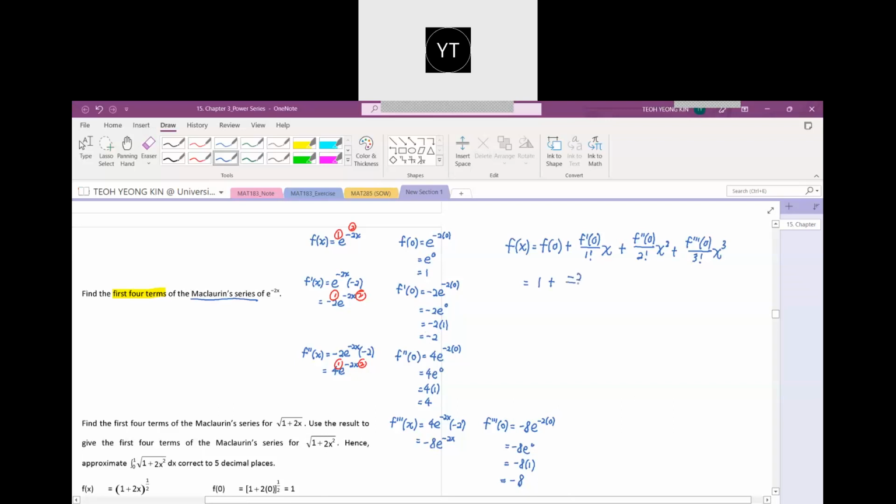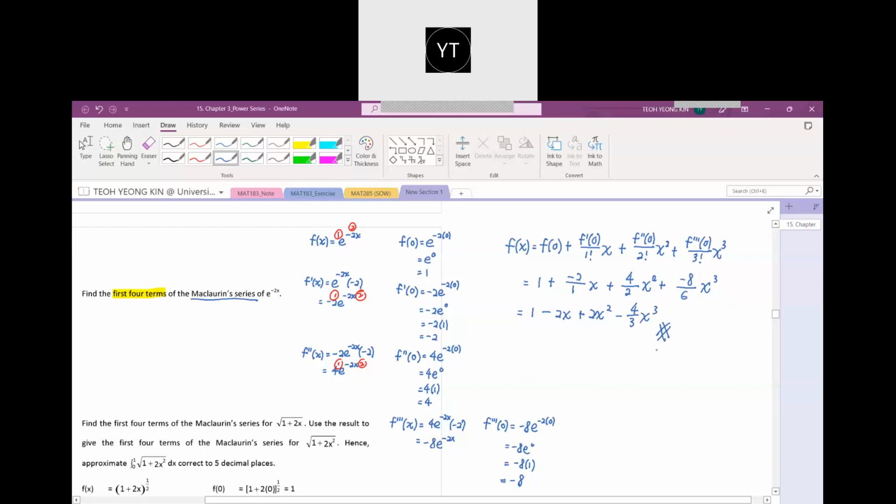So negative 2 over 1 factorial is negative 2, here is x, plus f double prime 0, which is 4. 4 over 2 factorial is 2. Here is x squared plus f triple prime 0 is negative 8. Negative 8 over 3 factorial, which is 6, times x cubed. If I simplify, I should get 1 minus 2x plus 2x squared minus 4 over 3 x cubed.